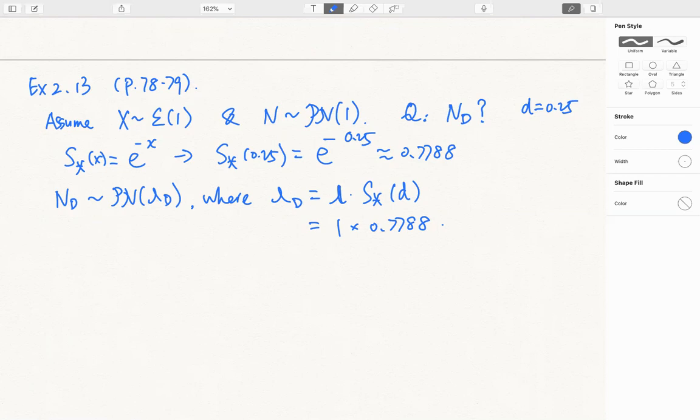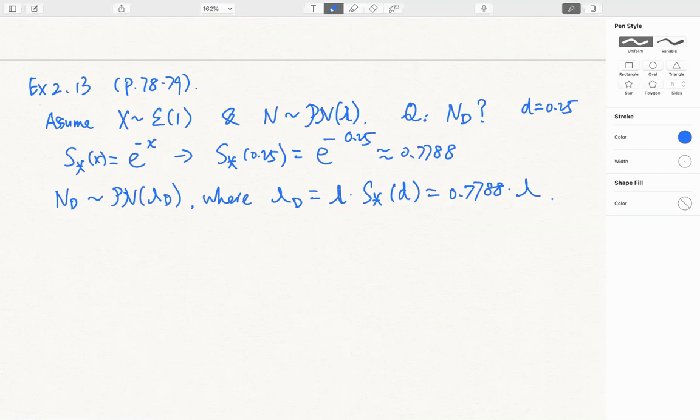If this is just a general lambda, all you need to do is to keep this lambda. So from here, we know that after applying this deductible of 25 cents or 25 some unit, the new claim frequency will have a mean which is about 78% of the previous one before applying the deductible.